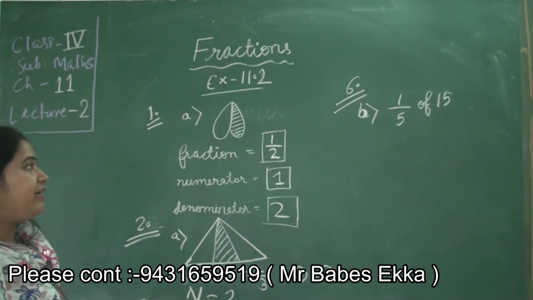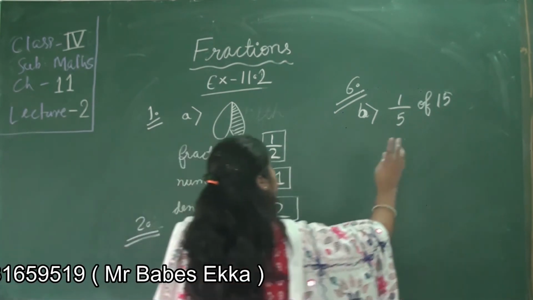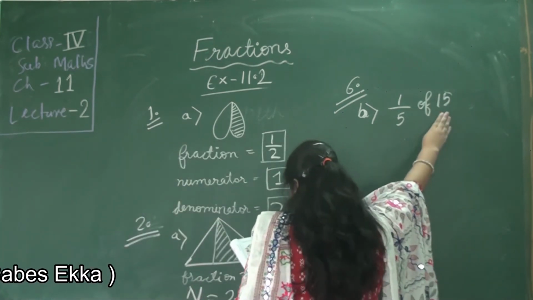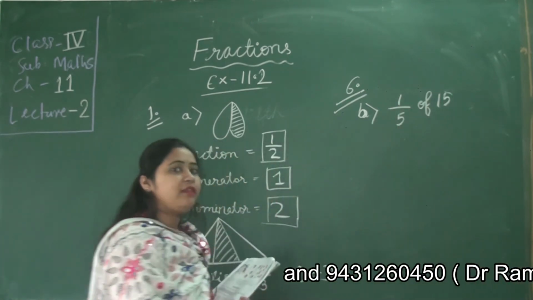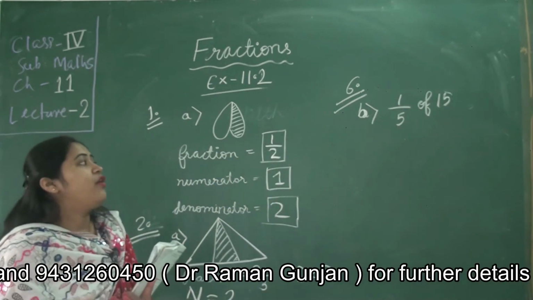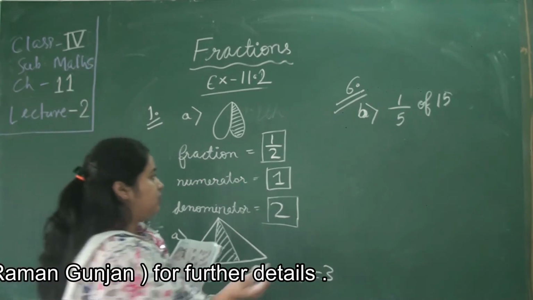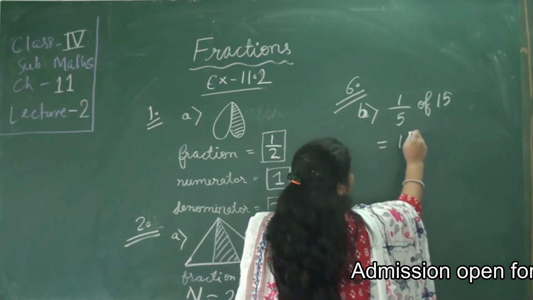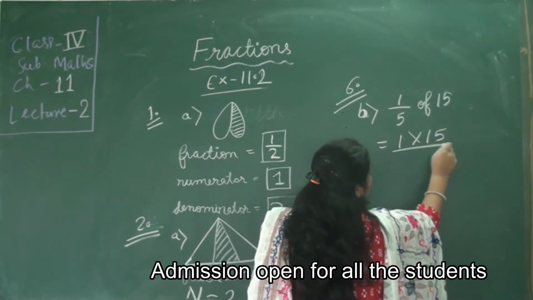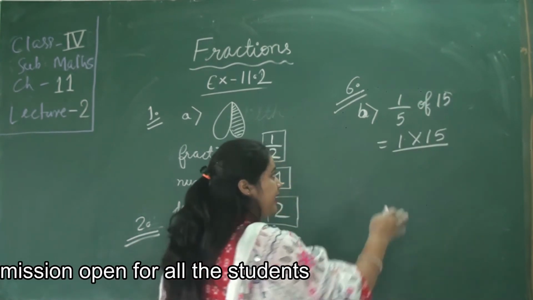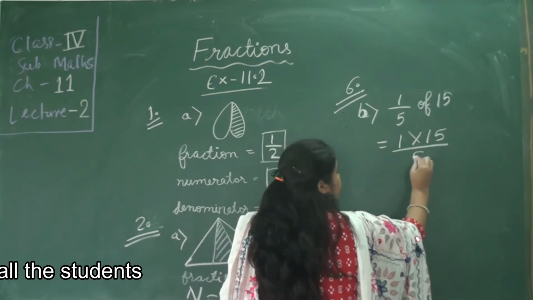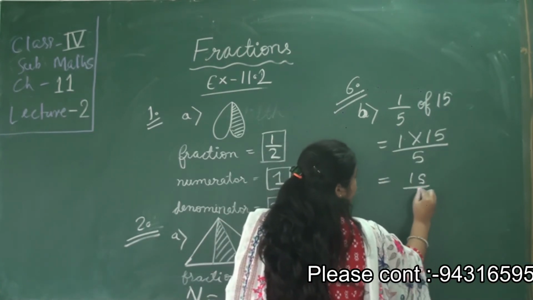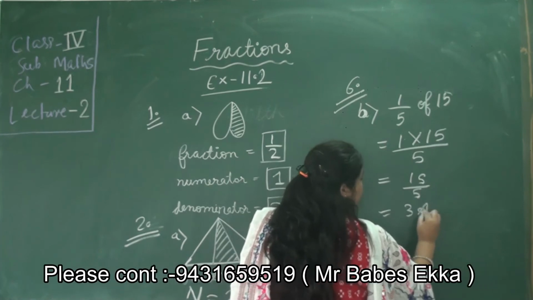The step was: first we multiply the total number of objects with the numerator, and whatever product is obtained, we divide that product by the denominator. So 15 over 5 is equal to 3, the answer.